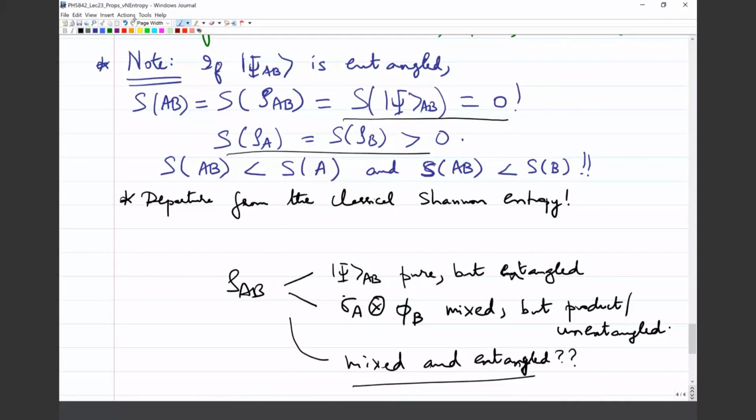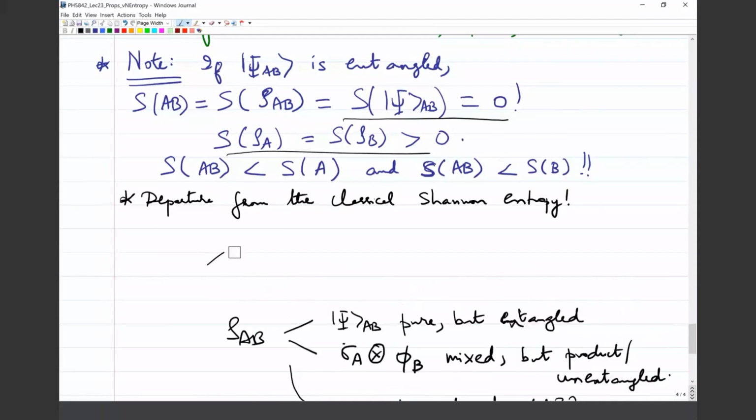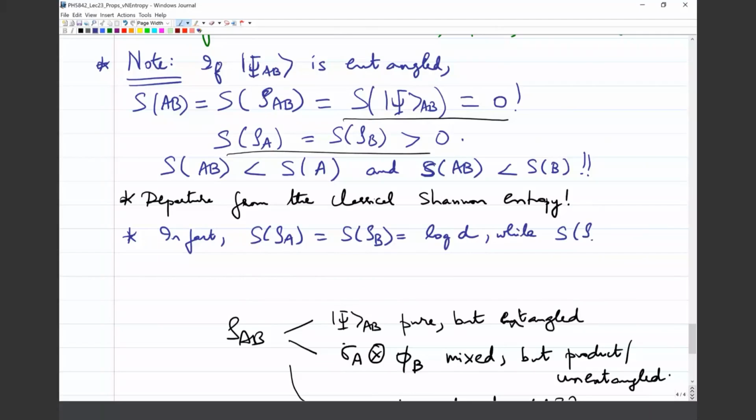And what is the extreme version of this? When will I have it? By that I mean we can have S(rho A) equal to S(rho B) equal to log D, while S(rho AB) is equal to 0. When is this possible?